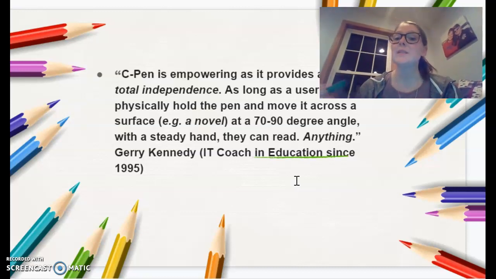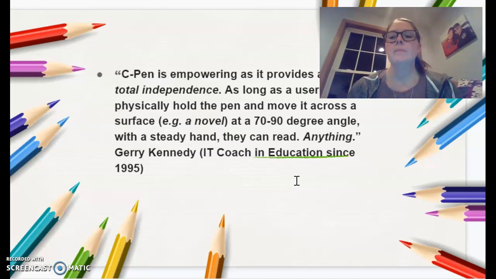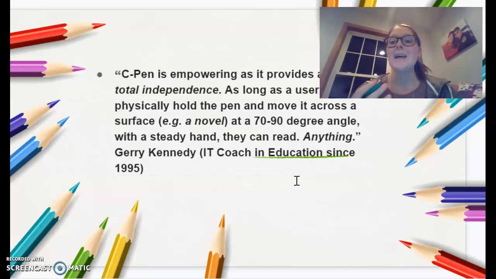And it has to be at that specific angle. So while, yes, it can empower a student to have confidence in their reading abilities, it can also be frustrating for them if they don't have a steady hand to drag that pen across the text. So that is one of the challenges.